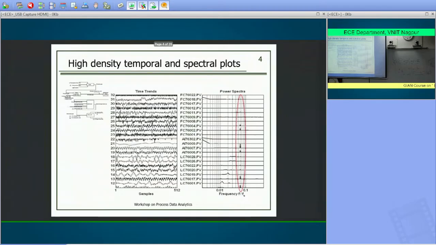But there are some algorithms that we developed to isolate the problem. Those machine learning algorithms allow you to isolate the problem, but visualization helps you to identify the problem, right? Just by simply visualizing, you can tell that there are all these variables that are exhibiting significant oscillations.